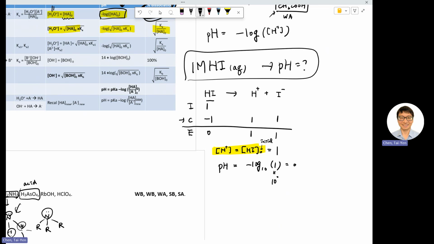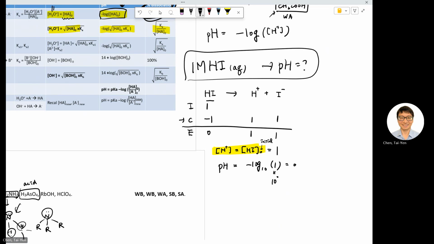You don't want to go through the ICE table. You don't have that time. So the key is, can you recognize the solution that you have? If it is a strong acid, pH is going to equal the negative log of your initial strong acid concentration. Those are the things that you need to get used to.